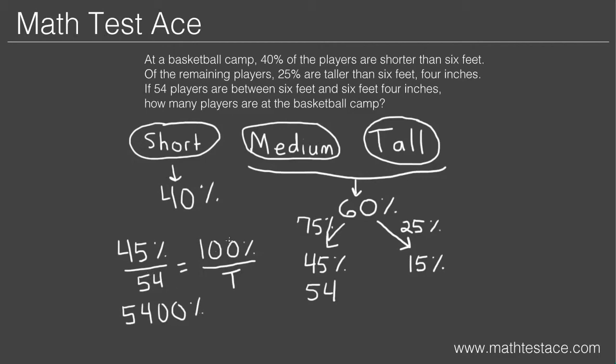That's 54 times 100. Remember, when we cross multiply, we multiply this way, and then we multiply this way. And we put what we get on each side of an equation. So when we cross multiply this way, we get T times 45%.